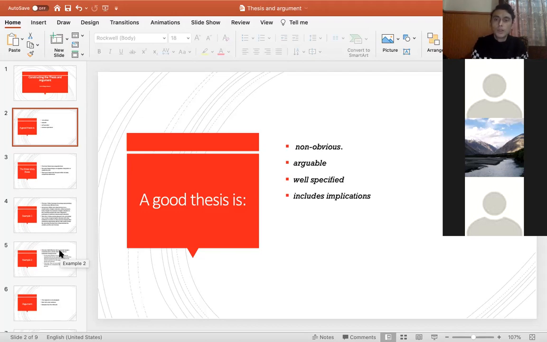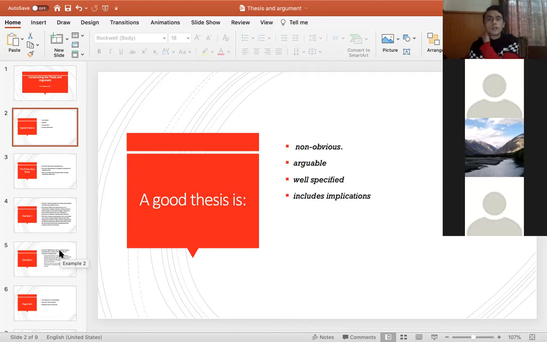Now these are a few things that you need to keep in mind when you write your thesis statement based upon 2 editorials or 2 opinion pieces which you are using for your argument analysis paper. You should write a thesis statement which is non-obvious. By that we mean we should not write a thesis statement which is too obvious and for which we do not need any argument to prove it.